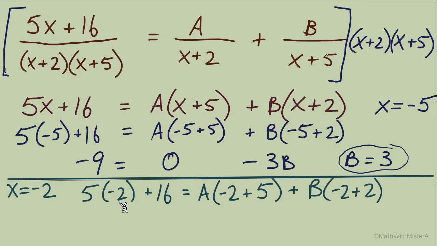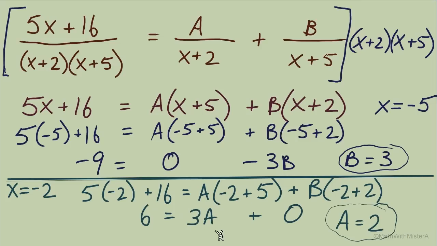So we're plugging -2 in place of each x. Back here, -2 + 2 equals 0. Everywhere else, on the left side, we've got a 6. On the right side, this turns into a positive 3A. Therefore, A equals 2.